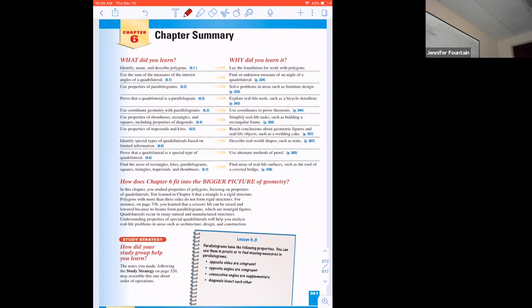So what is a? Okay, so what is the measure of this little section here? 5. So what is my whole diagonal? 10. So that diagonal is 10. What is this diagonal? 20. So my formula for a kite is 1/2 diagonal 1 times diagonal 2.